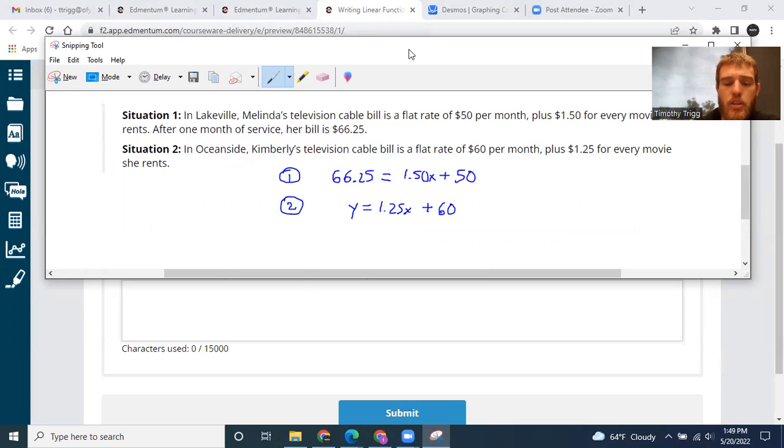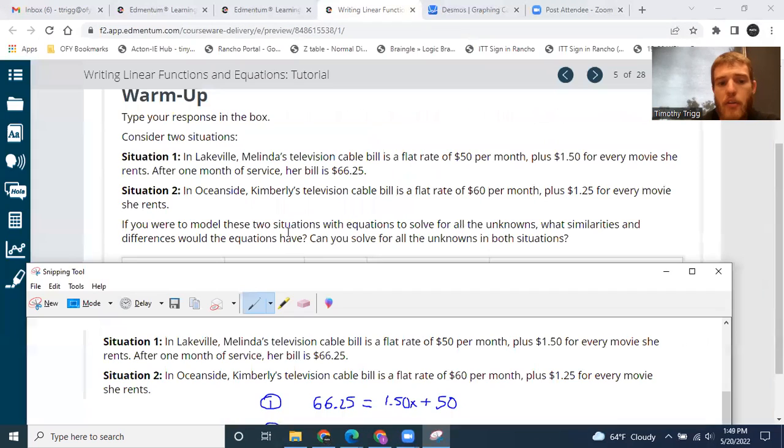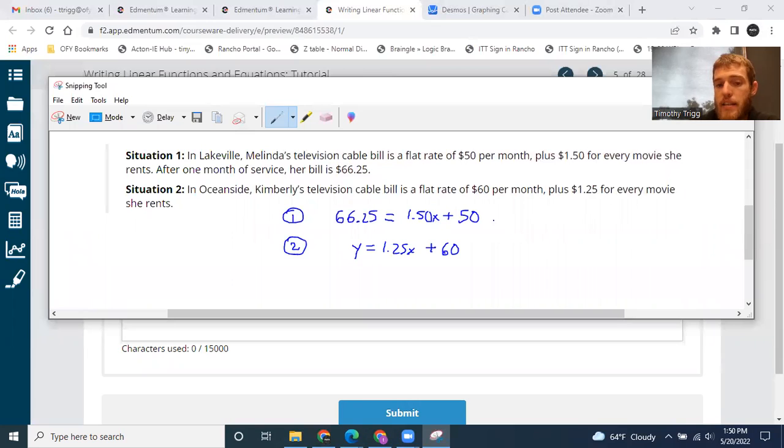In this question, it asks if you were to model these two situations with equations to solve for all unknowns, what similarities and differences would the equations have? One thing you could say is that in the first situation, you have one variable missing, the number of movies. But in the second situation, you have two variables missing, the number of movies and the final price.